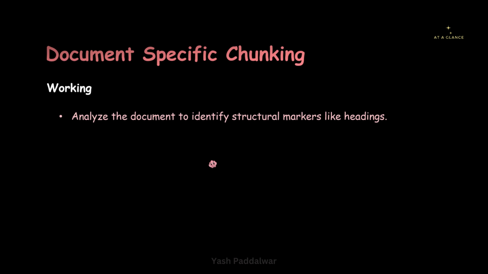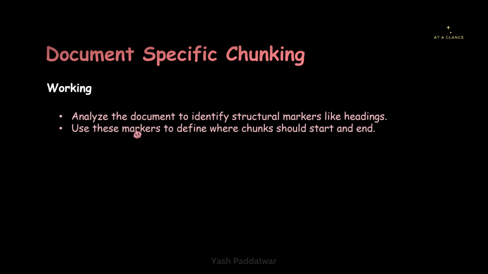So for MD files, we analyze the document to identify the structural markers. Here in this case, the structural markers are headings, that is hashes. Once we analyze it, we simply use these markers to define where chunks should start and end. So basically, we'll make these as splitters. Based on the splitters, we'll split the text.